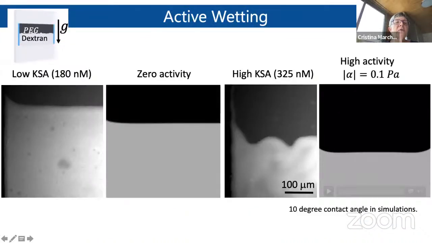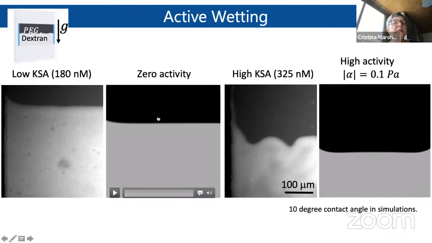Now, these active fluids are actually quite peculiar. Again, remember our geometry in the experiment: we have this vertical cell with the active fluid at the bottom and the passive fluid at the top. What I'm showing you here are 4 movies. They come in pairs.